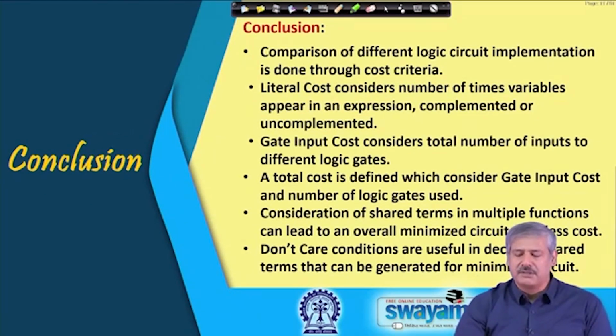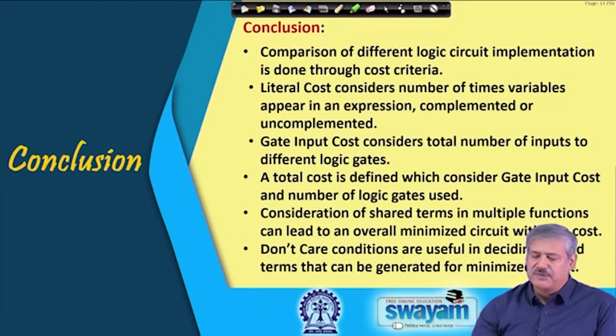What we have discussed briefly is that comparison of different logic circuit implementations can be done by defining certain cost criteria. We define literal cost, which considers the number of times a variable appears in an expression, either in complemented or uncomplemented form, and gate input cost considers the total number of inputs to different logic gates.